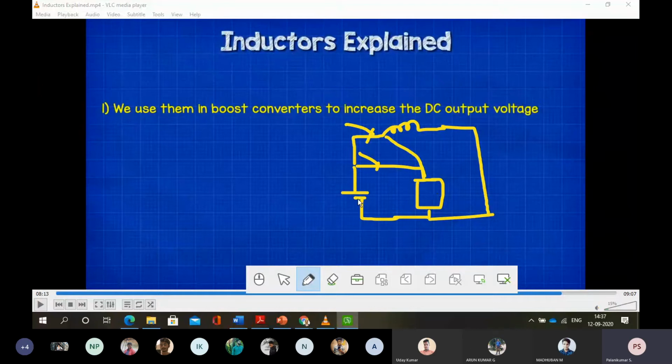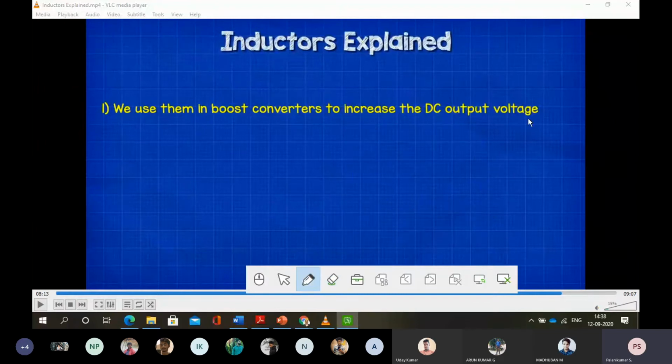Because of that, in addition to the supply voltage, the voltage supplied by the inductor will also be added, so it will act like a booster. At a later stage you will study the boost converter configuration in power electronics. It is simply that whenever I stop supplying to the inductor, it automatically connects to the load.